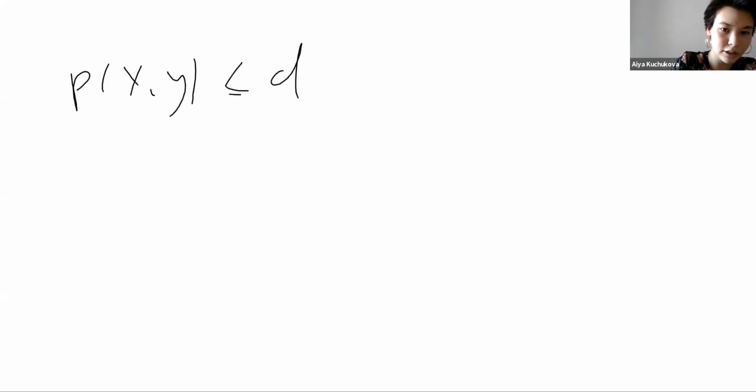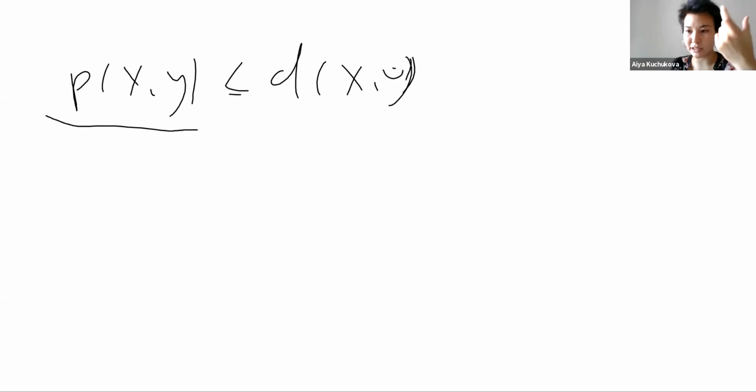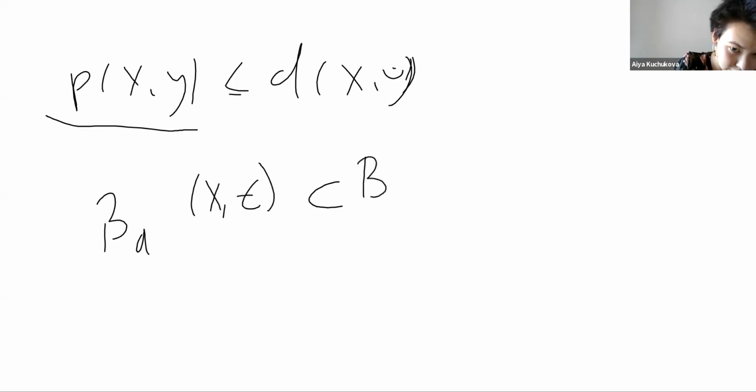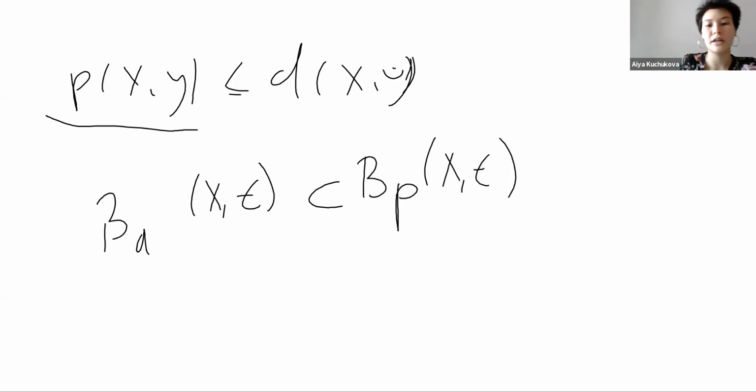Because the distance in one metric is always like this, this metric would always give us smaller distances than the other one, which means that the ball B_d(x, epsilon) is contained in the ball B_p(x, epsilon). So because one metric always gives bigger values than the other, when we draw the same ball with the same radius about the same point, all the points within that radius would always stay inside the points within the same radius measured with the different metric.